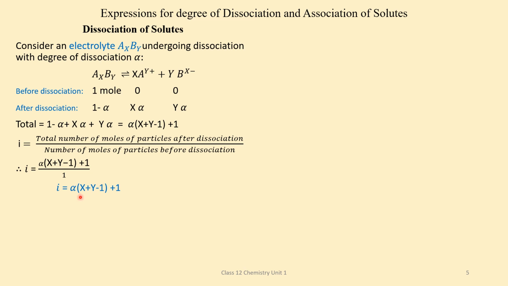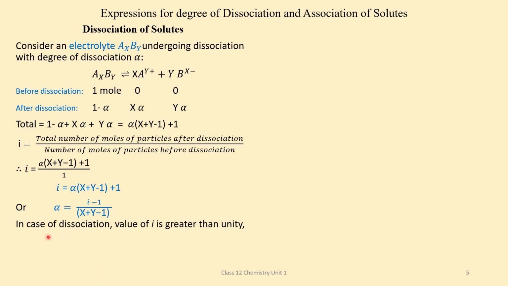So the formula for dissociation of solutes is i equals alpha into (x plus y minus 1) plus 1. Or we can also write a term for alpha, the degree of dissociation: alpha is equal to (i minus 1) divided by (x plus y minus 1). Similarly, we will do the calculation for association.